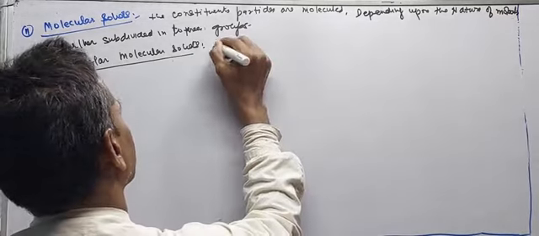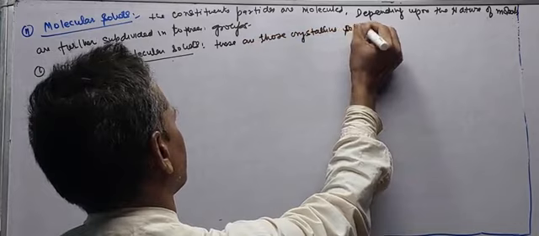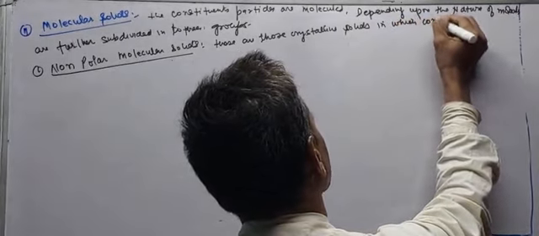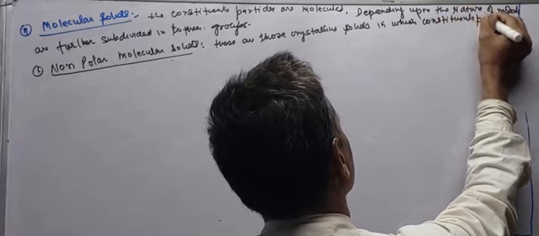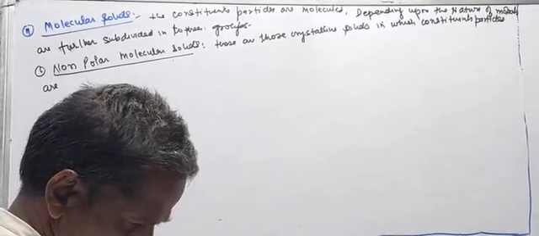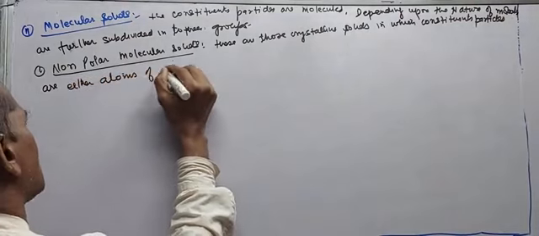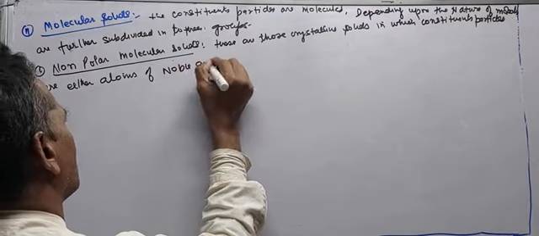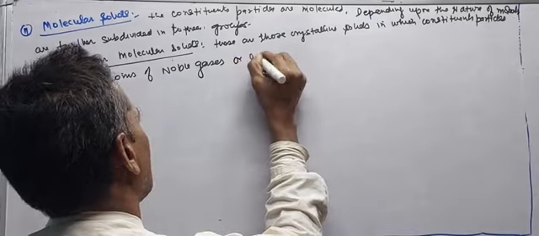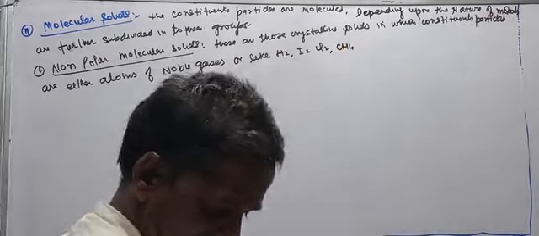These are those crystalline solids in which constituent particles are either atoms like those of noble gases, or molecules like H2, I2, Cl2 and CH4.